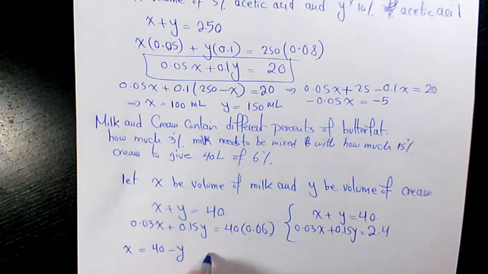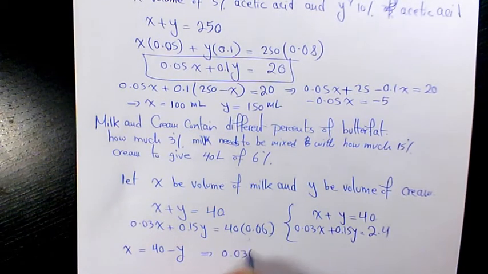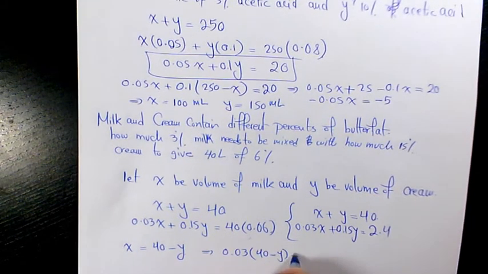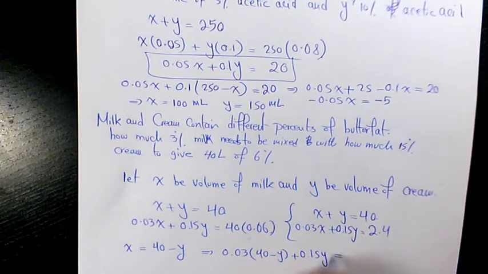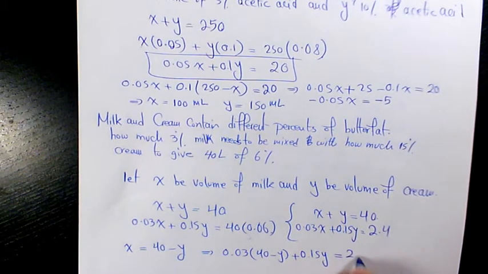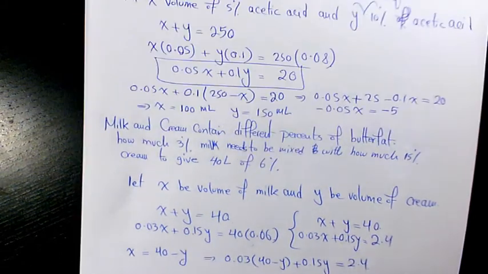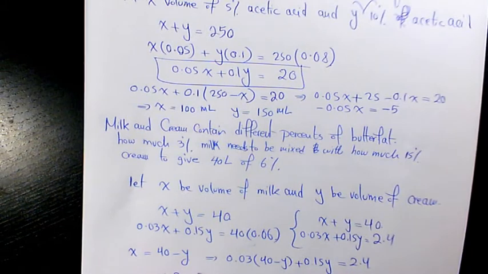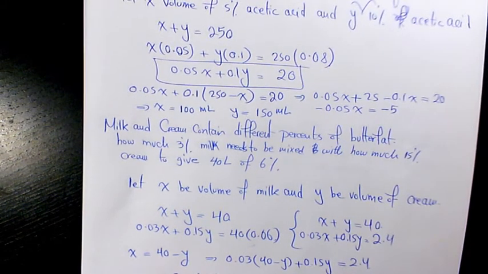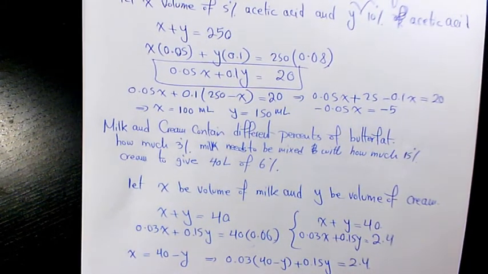So when you sub it there, it's going to be 0.03(40 minus y) plus 0.15y equals 40 times 0.06. That's going to be 2.4. So when you multiply 0.03 times 40, it's going to be 1.2 minus 0.03y plus 0.15y equals 2.4.